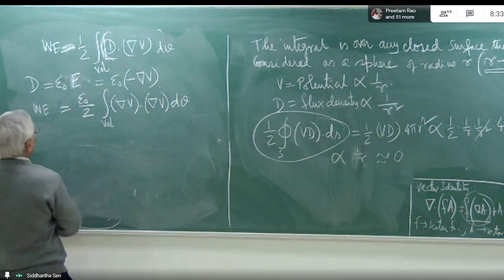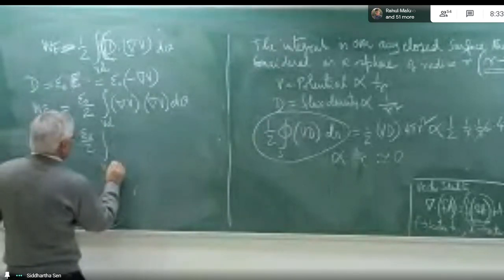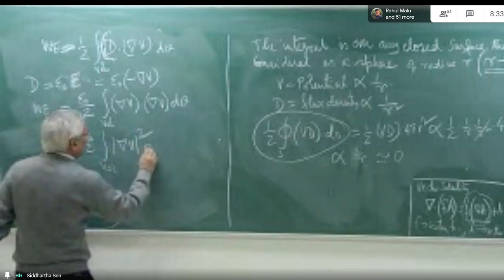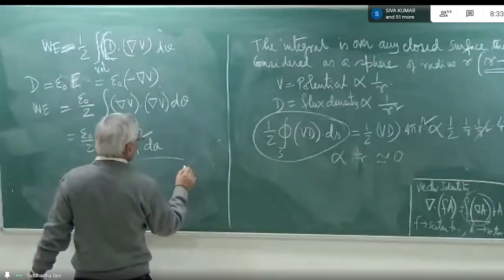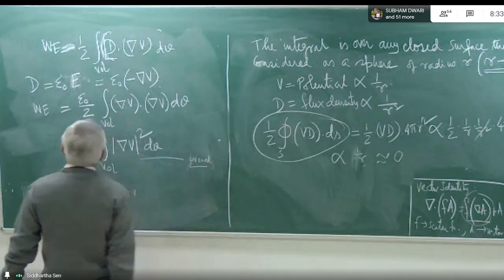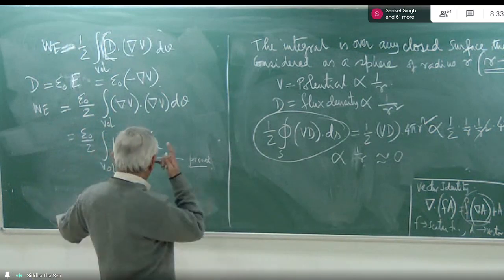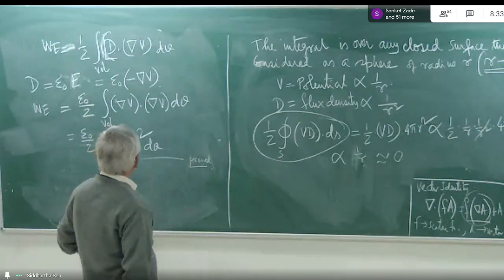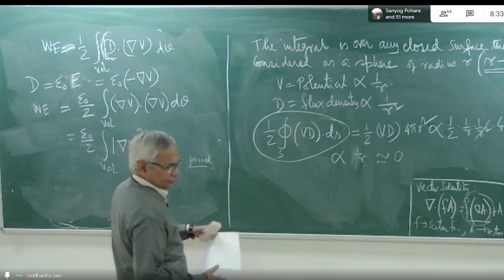So it is equal to epsilon 0 by 2 volume integral of mod nabla V whole square dV. So this is your proof. So we can say that first of all, the energy in this space can be expressed in terms of the gradient of V, and this is your expression. Is it okay?